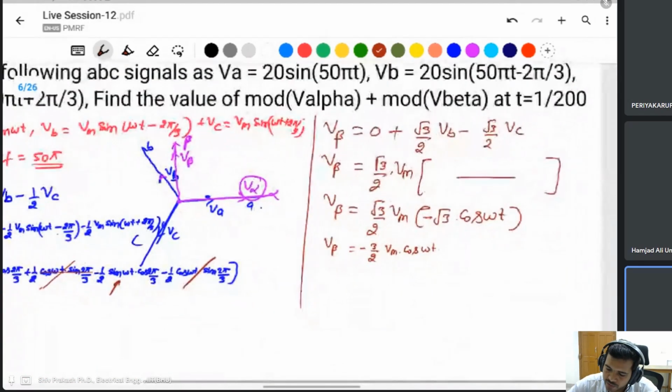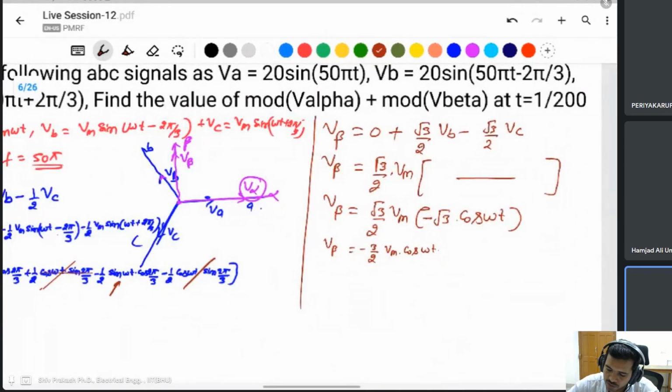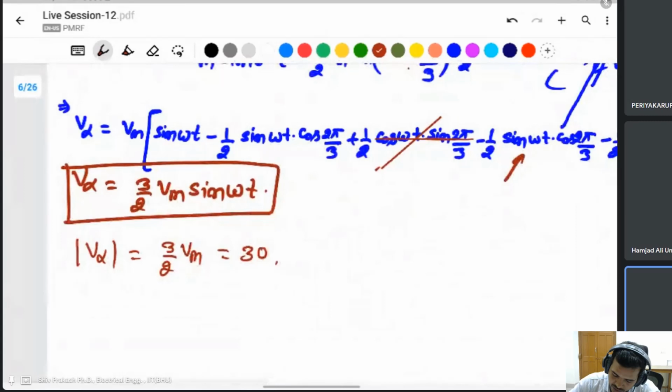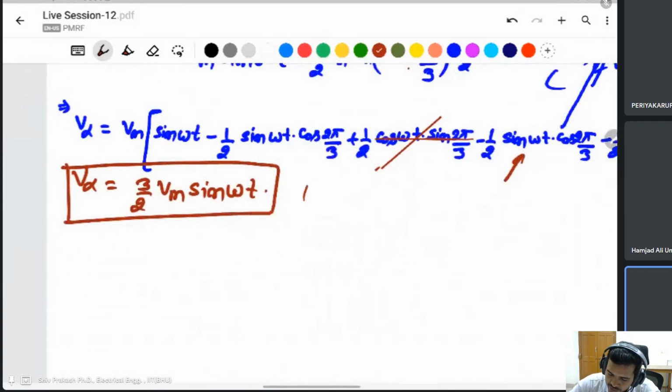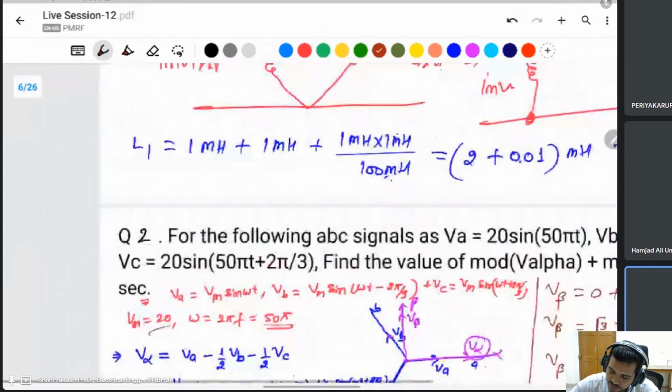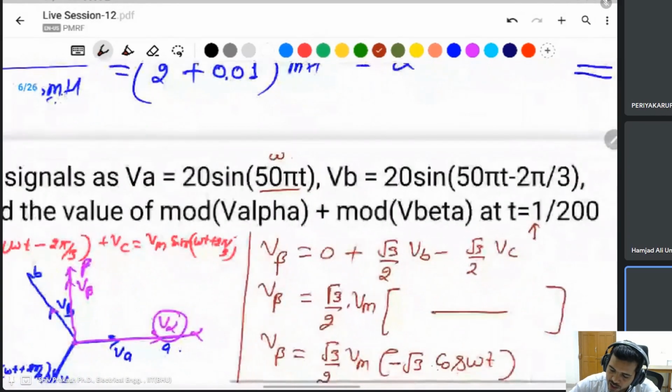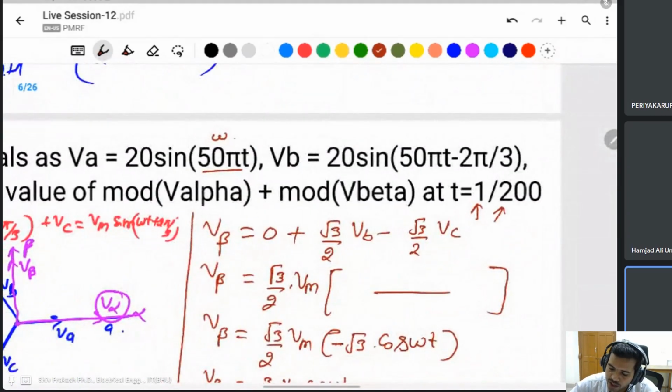T is given as well, at 1 by 200 time, and omega is also given as 50 pi in the question. There 50 pi is the omega, and t will be 1 by 200.